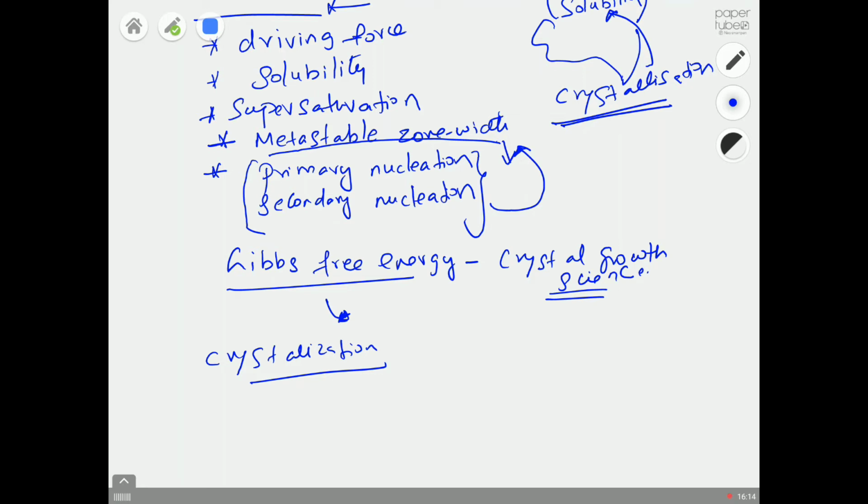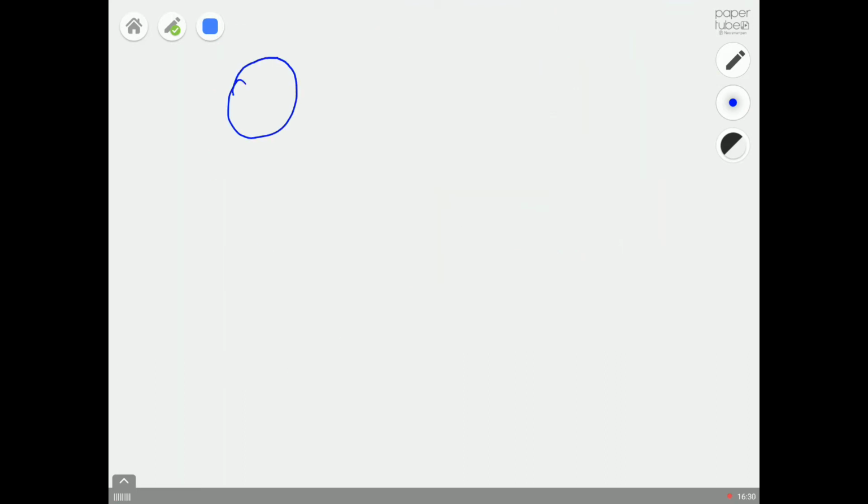These are the topics I am going to cover in this particular lecture. And you must know that if you have a solution, you have some molecules, and they assemble into crystals. The mechanism happening in between is very tough.